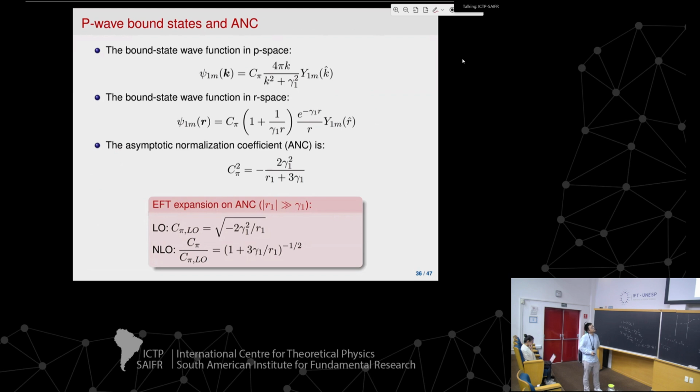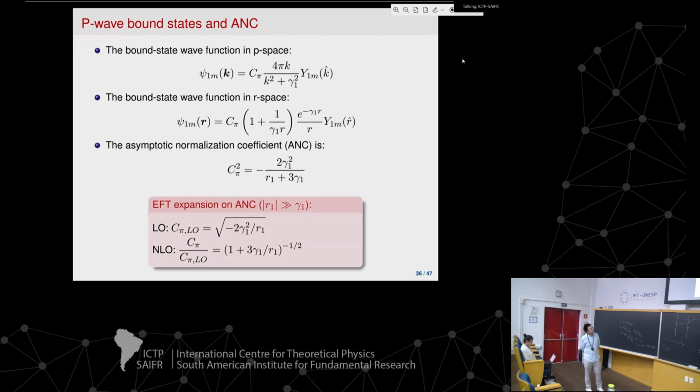If you still want to get the wave function in coordinate space, you need to do a Fourier transform of these wave functions. So you end up with this form in coordinate space. The different part is this thing in the brackets, compared to the S-wave. And the asymptotic normalization coefficient is also different from the S-wave. Now it depends on gamma 1 and R1 in this form.